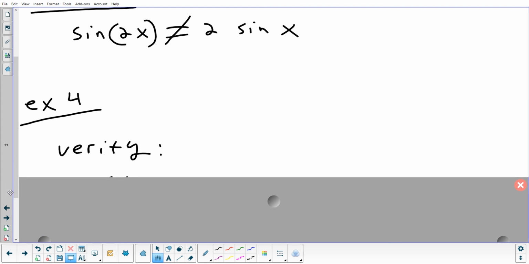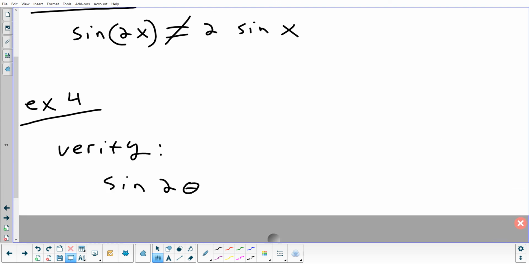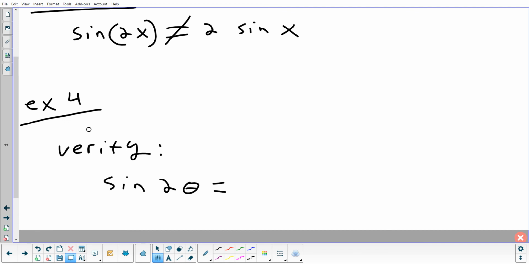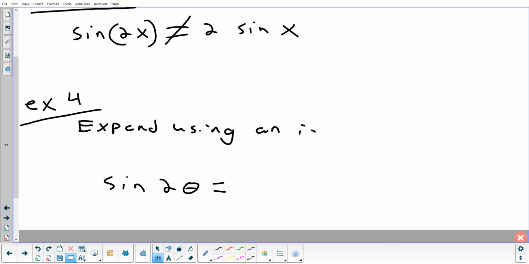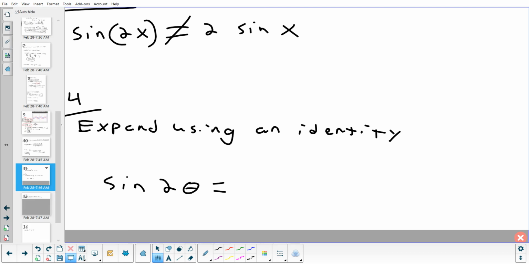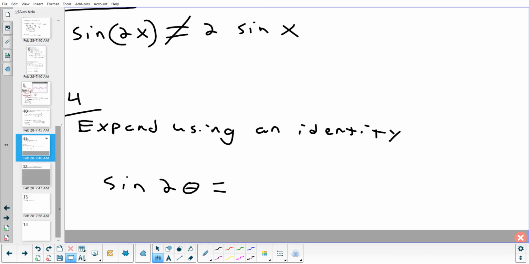So I'm just going to say this: expand using an identity. And you should be able to figure out what the sine of 2 theta would equal.